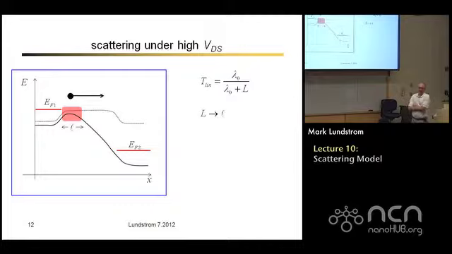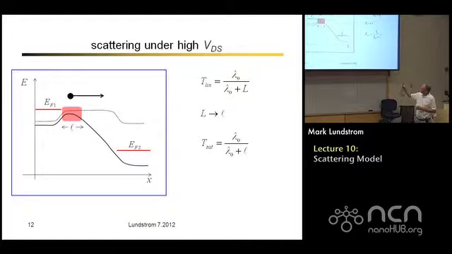But qualitatively, we can understand that that's going to be a short region, some fraction of the channel length, and that means that the transmission in the saturated region is going to be mean free path over mean free path plus the length of that region. And since the length of that region is so much shorter, the transmission is much higher.